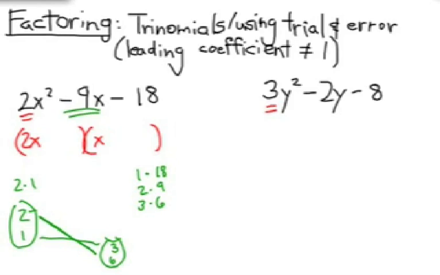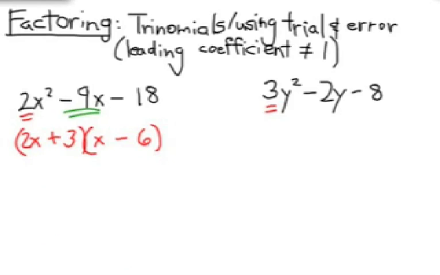That means that the 6 needs to go on my last part here, and the 3 must go here. Now we want to make sure we get the sign correct, and so the 2 and the 6 must make a negative 12. Let's try a negative there and a positive there. So the last step is, of course, to double check your answer. So let's try that. 2 times x, or 2x times x is 2x squared. 3 times negative 6, negative 18.